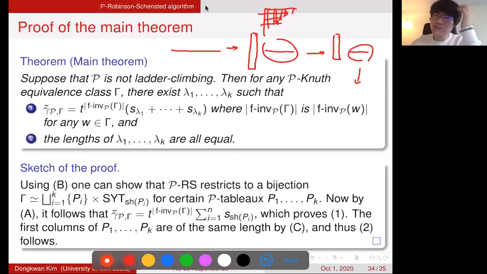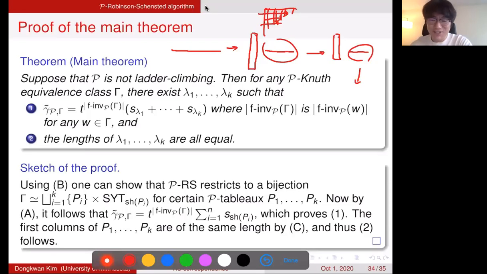If it is the usual order, then it's clear. But in general, you need to do some argument, and in our paper there is a really long, lengthy, complicated proof, which is really just a case by case analysis, and we rely heavily on the property that the poset is not ladder climbing.